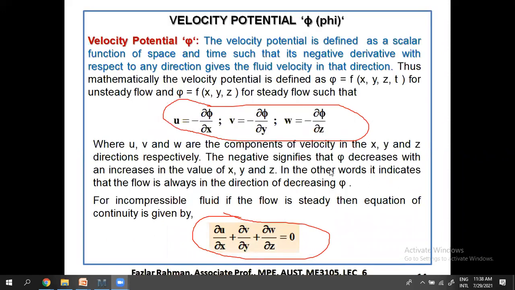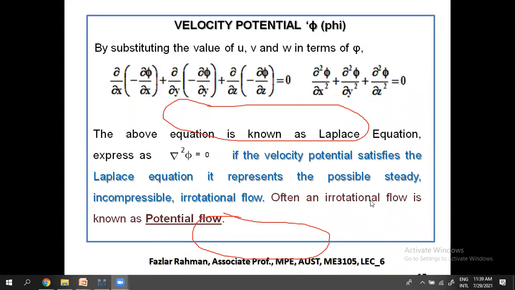So for incompressible and steady flow, we know this is the continuity equation. Now, this u, v, and w we can put over here. If you put it over here, this is u, this is v, and this is w.